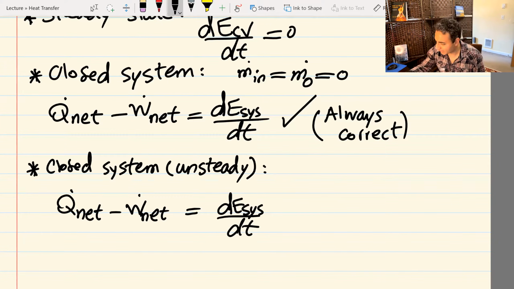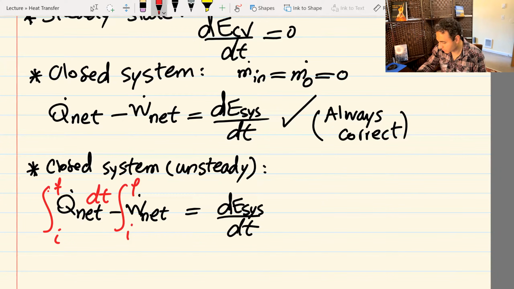I'm going to take the integral of this with respect to time from the initial state to the final state. Let's see how that works. From initial to final, the integral of dt.